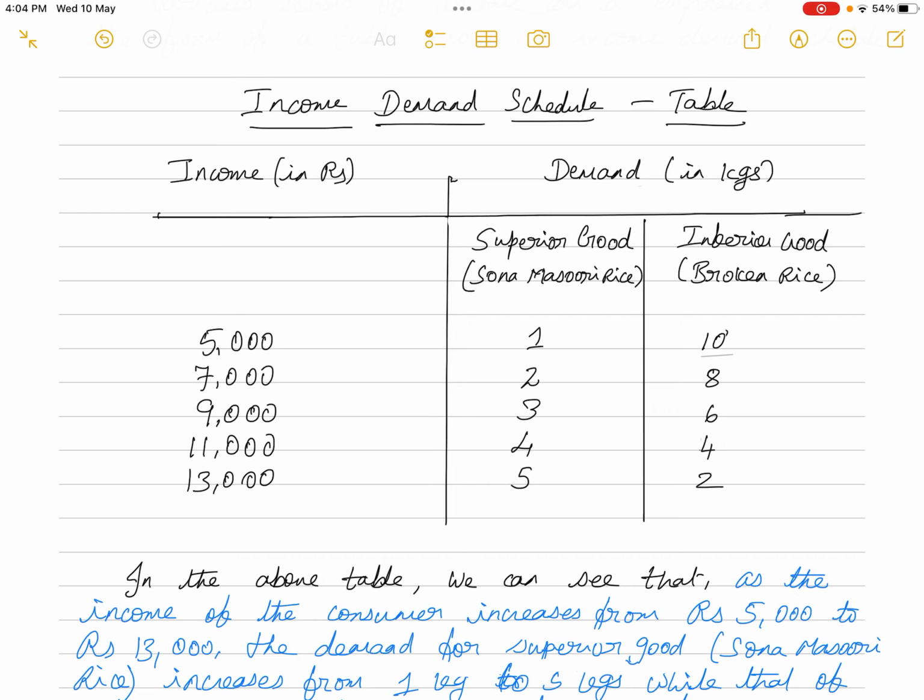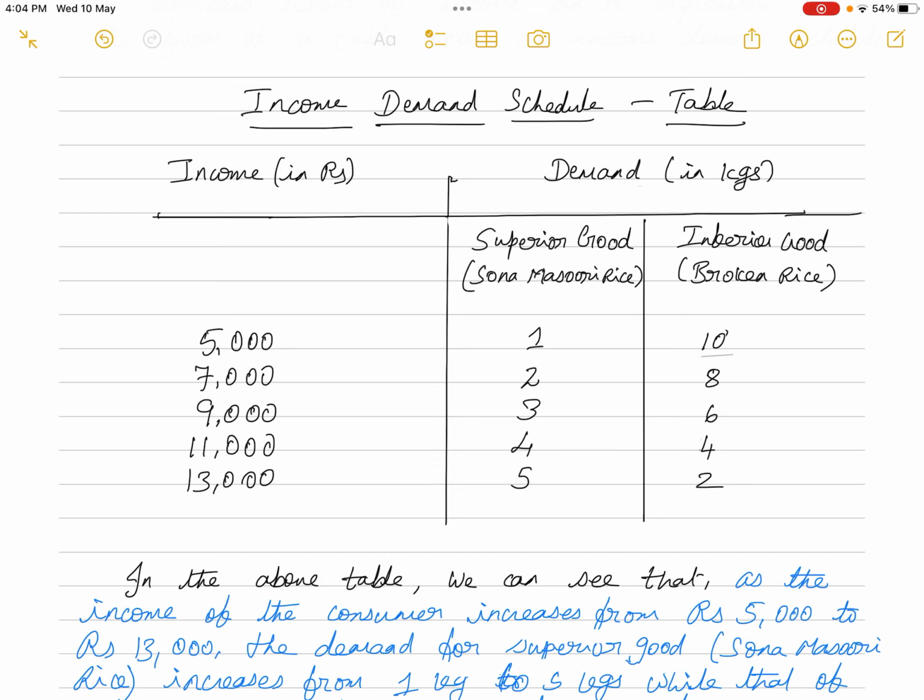When the income of the consumer increases from 5,000 to 7,000, the consumer increases the demand for the superior good, Sona Masuri rice, from 1 kg to 2 kgs, whereas he decreases the demand for the inferior good, because when income increases, he need not purchase the inferior good. The consumer can afford the superior good.